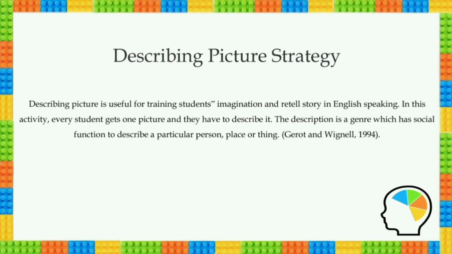Describing picture is useful for training students' imagination and retelling stories in English speaking. In this activity, every student gets one picture and they have to describe it. The description is a genre which has the social function to describe a particular person, place, or thing.